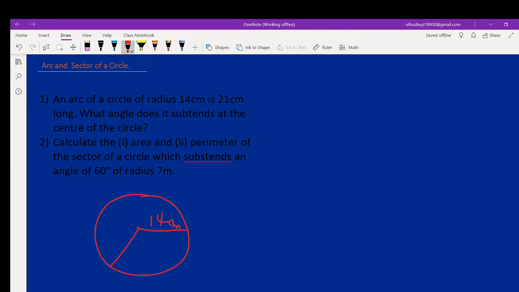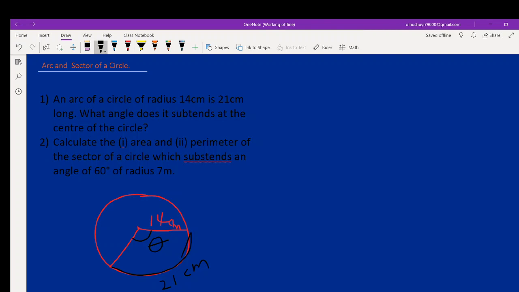They said the length of the arc is 21 centimeters long. This is 21 centimeters. It will subtend an angle here, which we take as theta. We are not told what angle it subtends at the center of the circle.